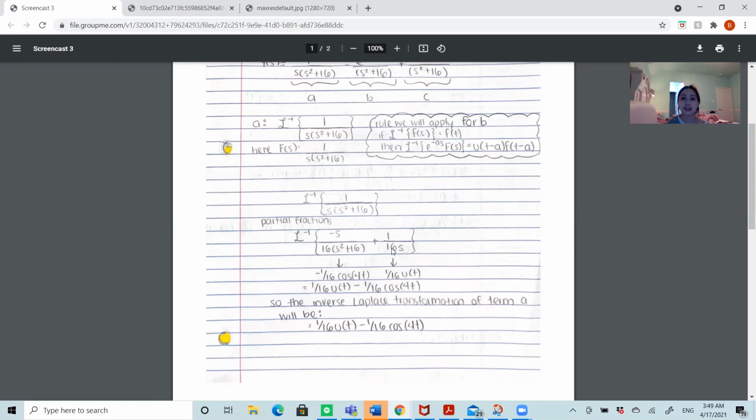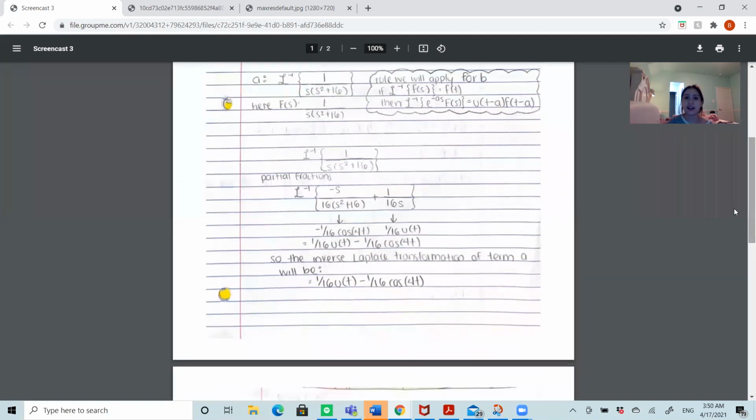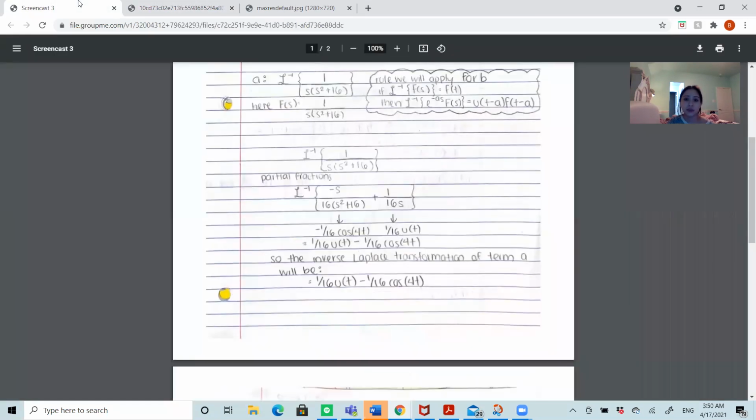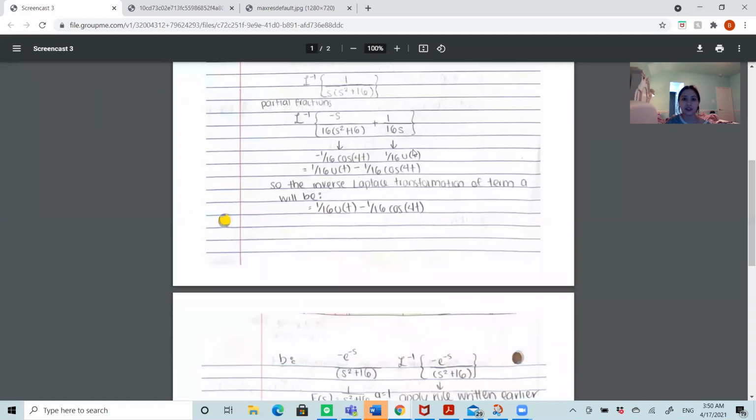And then 1 over 16s will just be 1 over 16 times the Heaviside function u of t. Again here, the c would be 0, which is why we don't have an e here, so that's why it's a step function, just t. So the inverse Laplace transform of term a will be this right here.